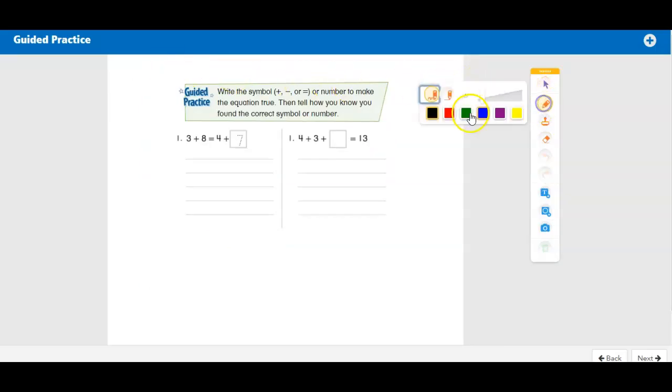Now let's look at our guided practice together on page 238. So we're still on the same page. Our guided practice tells us to write the symbol plus sign, minus sign, or equal sign, or the number to make the equation true. Then tell how you know you found the correct symbol or number.